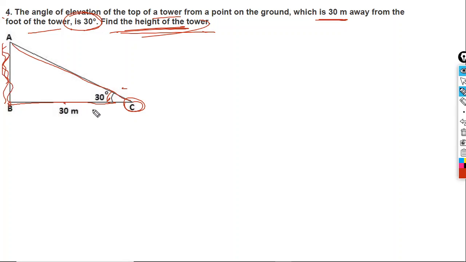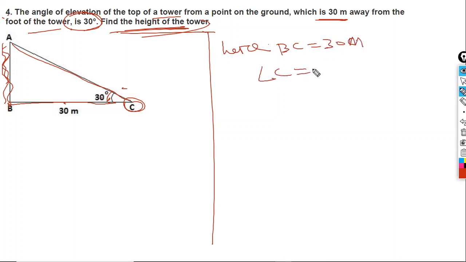So here what will we do? If we find tan 30, it will be AB by BC. Let's write here, BC equal to 30 meter, angle C is equal to 30 degree.